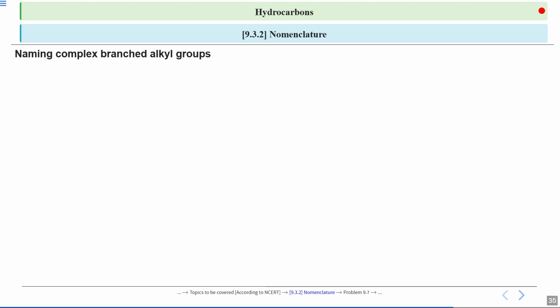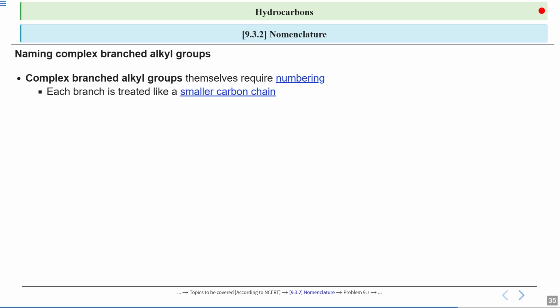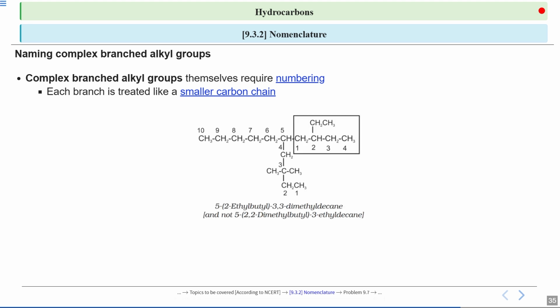Now there are cases where we have complex branched alkyl groups. What will we do in that case? We have already dealt with this. Complex branched alkyl groups have numbering for themselves, so they require special numbering. Each branch is treated like a smaller carbon chain. So we can have an example here.